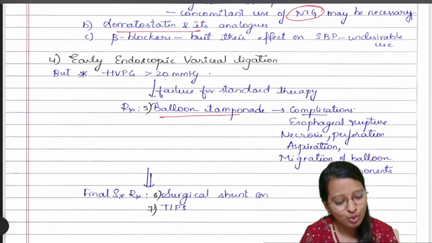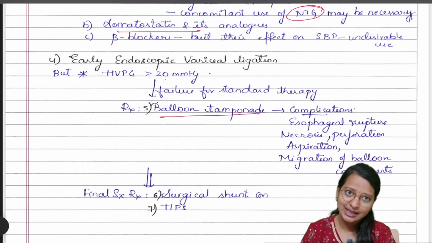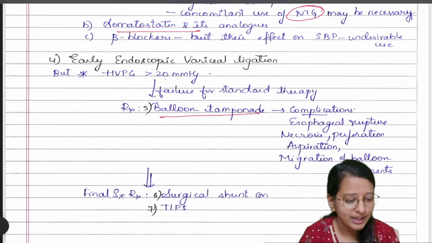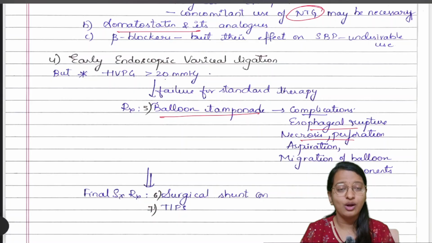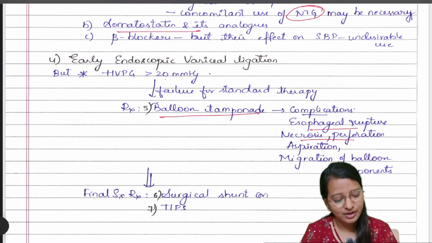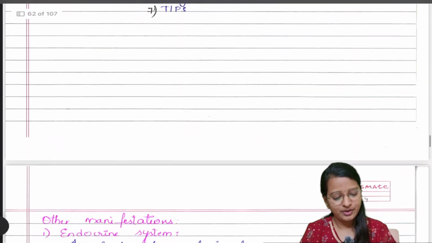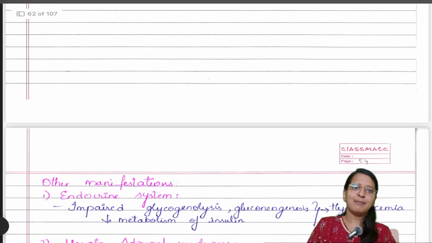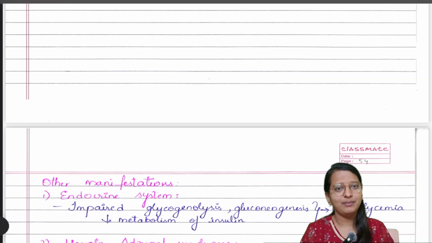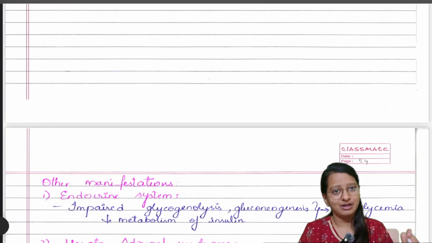Then we have to go for balloon tamponade. Again, the balloon tamponade may have complications like esophageal rupture, necrosis, perforation and all. And if that also doesn't work, we'll go for surgical shunts or TIPS. Okay. So this is about variceal bleeding and its treatment, both anesthetic part and the general part.